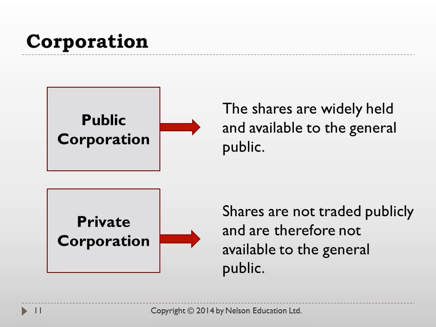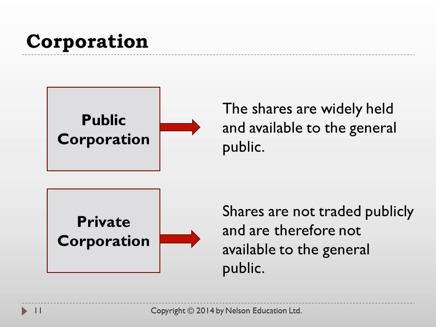Today I'm seeing a lot of farms that perhaps have been operated as partnerships being set up as a corporation, in fact a private corporation, where the husband and the wife and perhaps children may own shares of the farm corporation. And that can apply to any of the small and medium-sized businesses that we see in Canada.